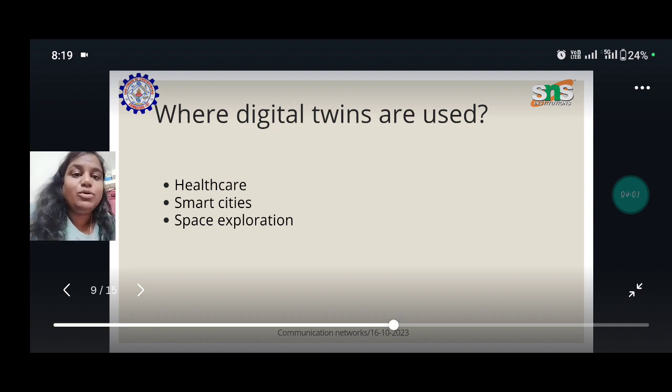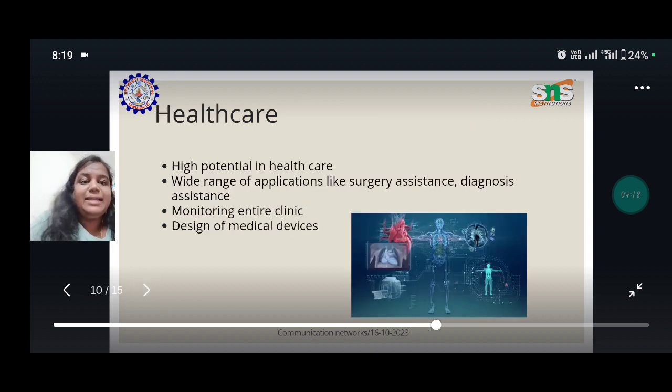In healthcare, we are always very conscious of our health, because we use a watch and monitor it. Smart cities are very well known for using twins, and also space exploration. In healthcare there is wide potential and a wide range of applications like surgery assistance, diagnosis assistance, monitoring the entire clinic, and design of medical devices.